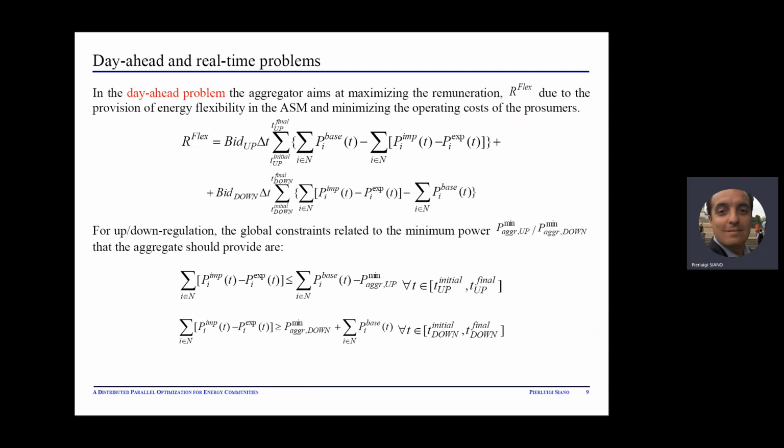Some local constraints should be considered, including power balance for each residential prosumer, power limits to the grid, and power charging and discharging speeds of the batteries.